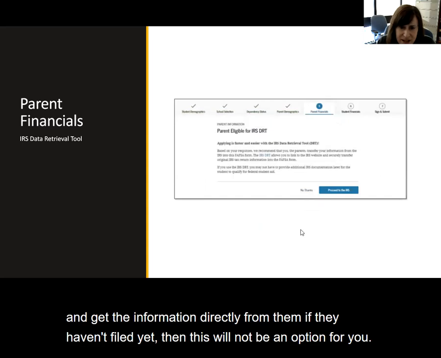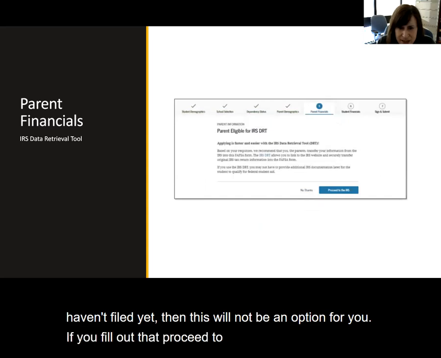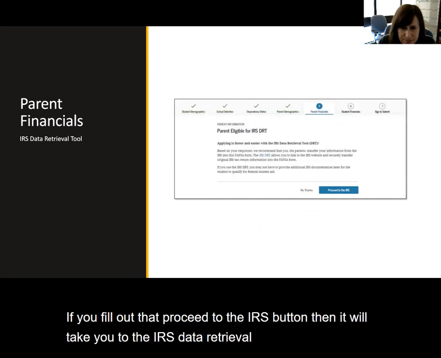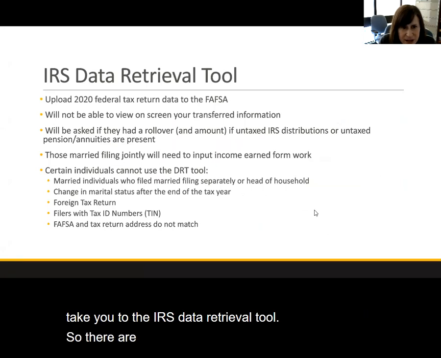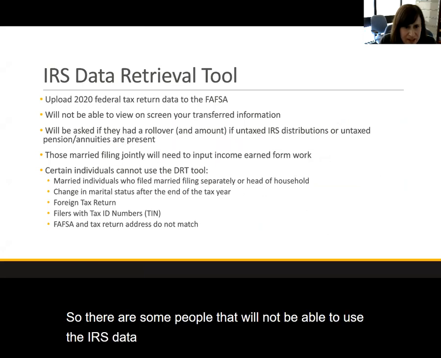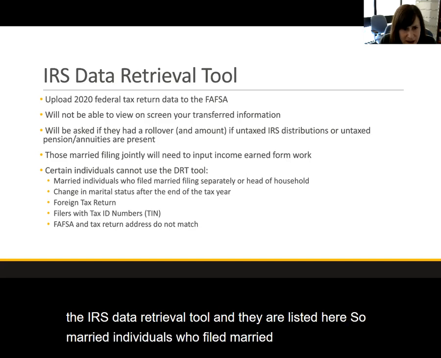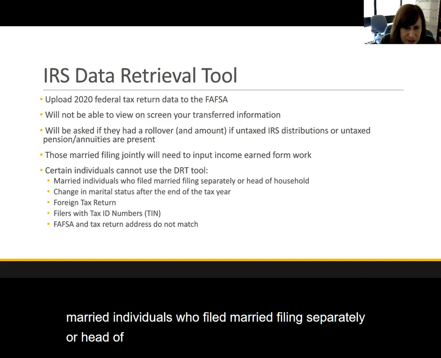If you click that proceed to the IRS button, then it will take you to the IRS data retrieval tool. So there are some people that will not be able to use the IRS data retrieval tool, and they are listed here. So married individuals who filed married filing separately or head of household, you probably won't be able to use the DRT.